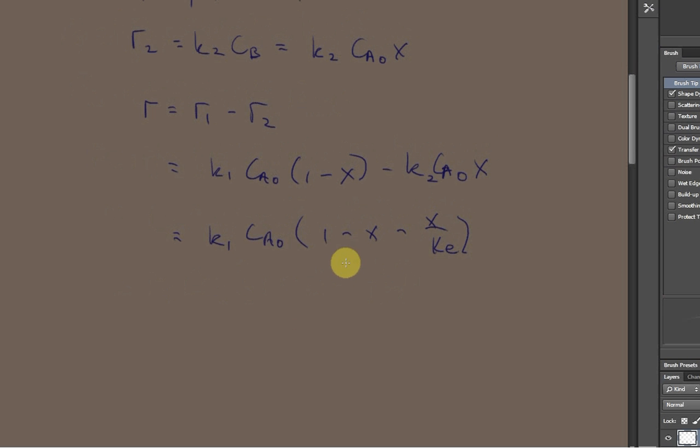So that's a relationship that we have between R and X. We can regroup this also. We can say this is K1 Ca naught times 1 minus X into 1 plus 1 over Ke. So we can rewrite all of this in terms of K Ca naught.